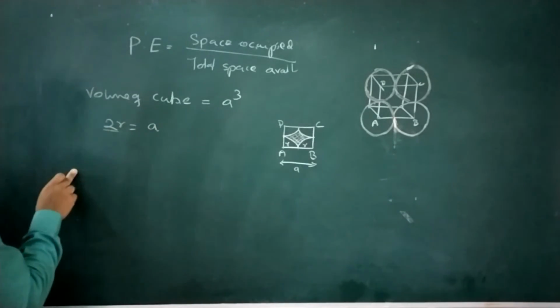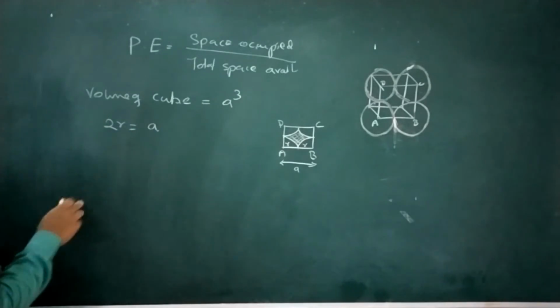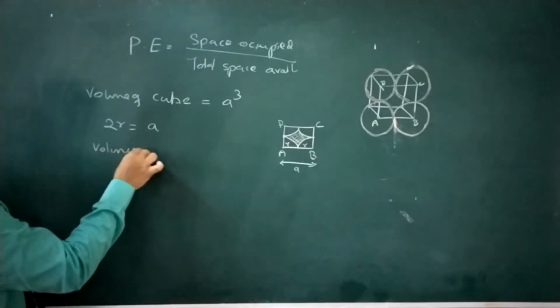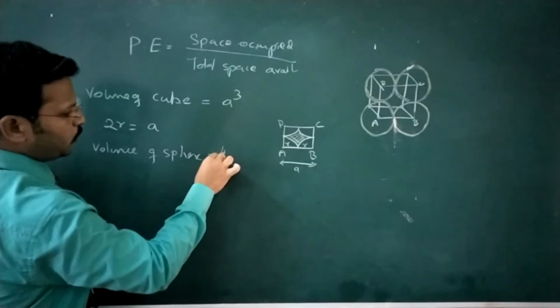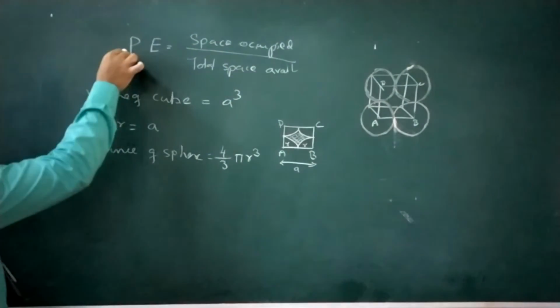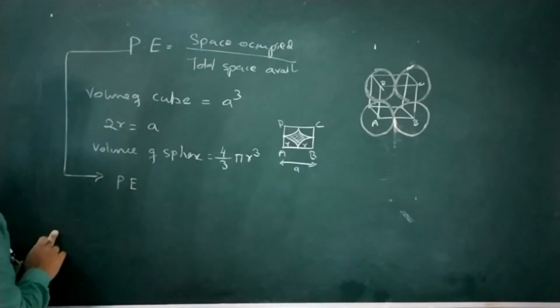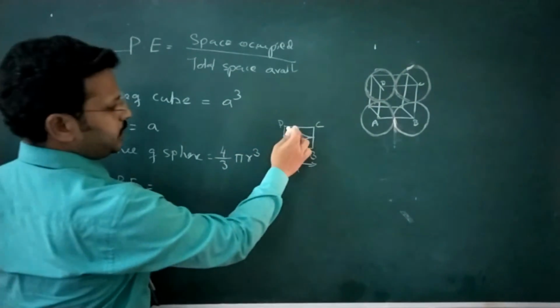To find the volume of a sphere, we have the formula: volume of sphere is equal to 4/3 pi r cube.